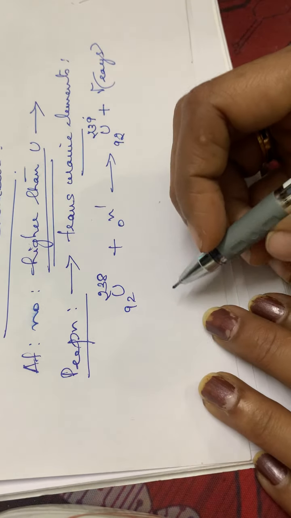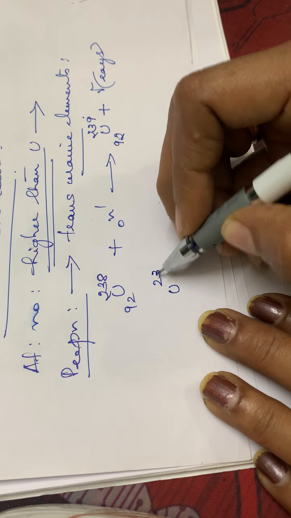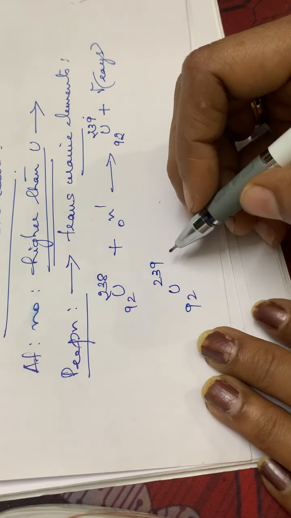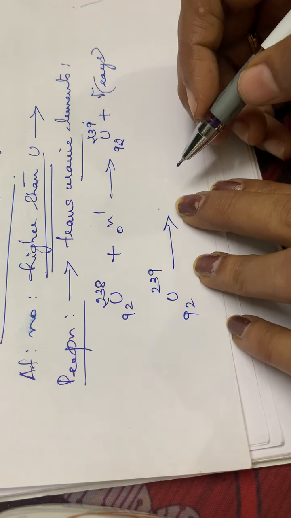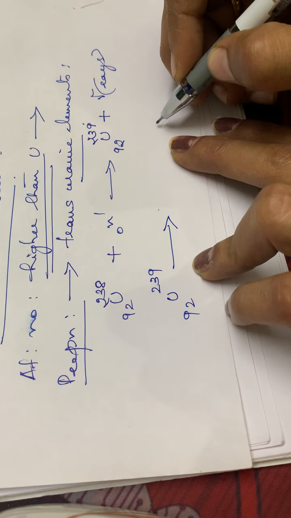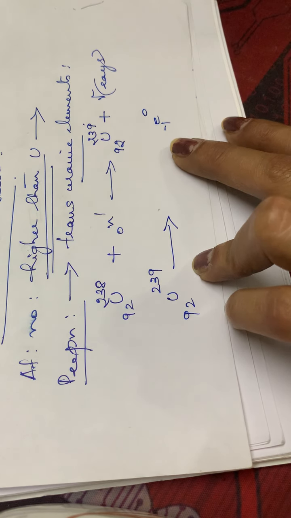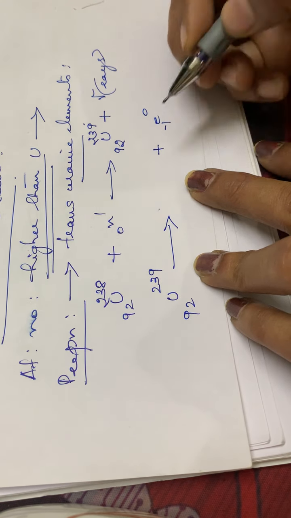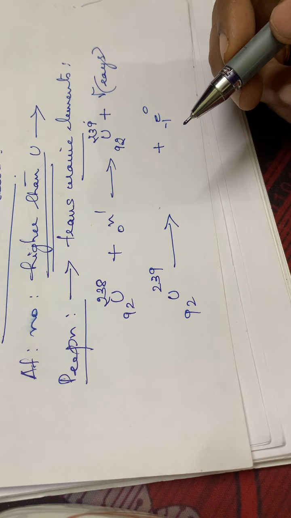Then in the next step, this uranium 239, 92 emits a beta particle. We can denote the beta particle as e, 0, minus 1. Then we will get a radioactive compound here.